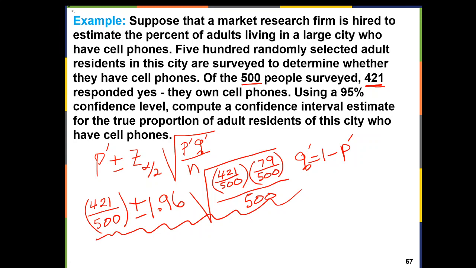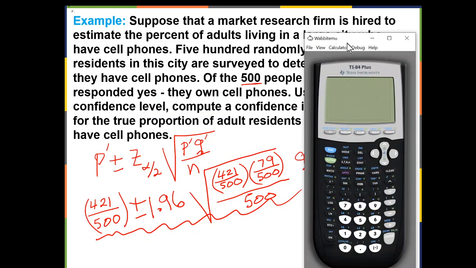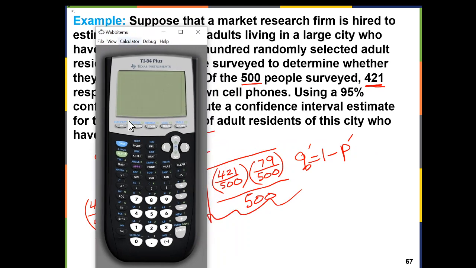Now, we could also use the calculator for the whole process instead of doing all that. So what we can do is go to, again, stat, tests, and then we go to one proportion z interval. You see that? One proportion z interval. Now, all you have to do here is put in what your x is. What is our x? 421? Okay, that's right.